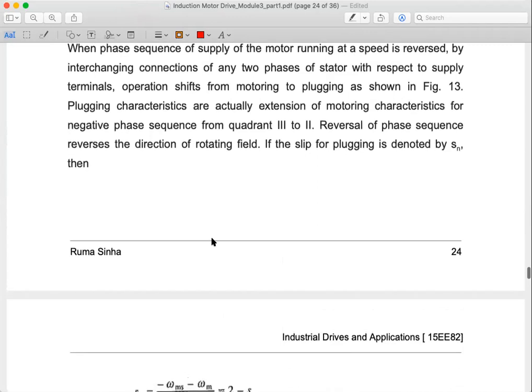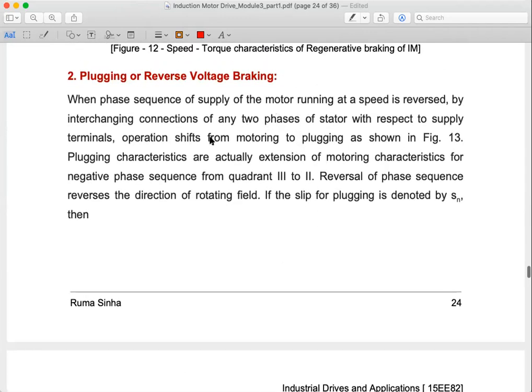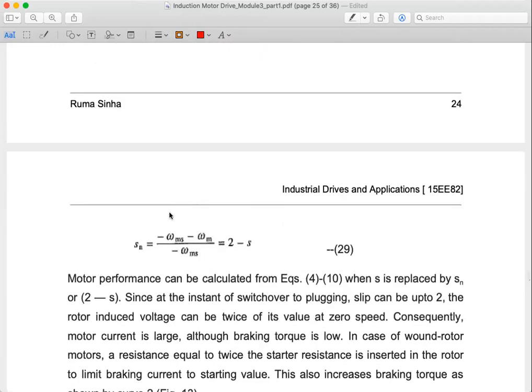Now, because the phase sequence is changed, it is in the opposite direction. So the rotating magnetic field that we obtain will be in the opposite direction. If the rotating magnetic field is in the opposite direction, the speed of the rotating magnetic field, which is nothing but synchronous speed, will be minus omega ms in place of omega ms. So slip can be calculated as minus omega ms minus omega m divided by minus omega ms. Now if we simplify, we'll get it as 2 minus s.